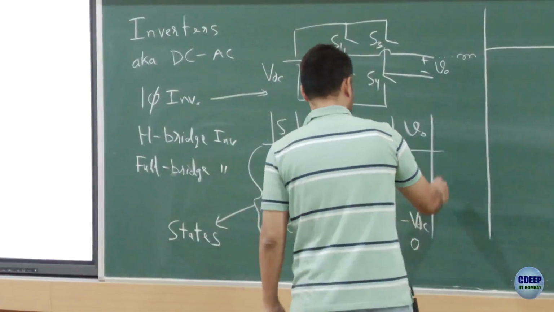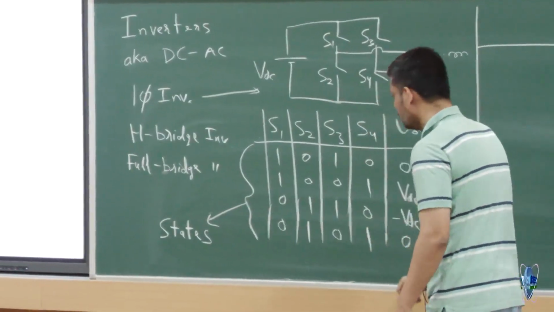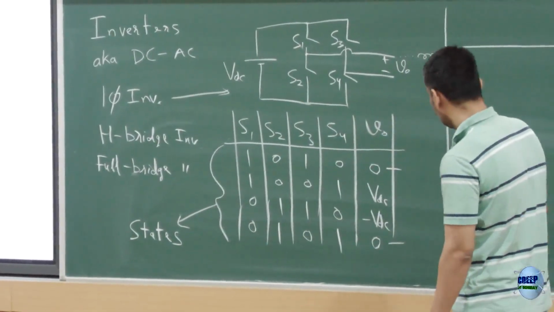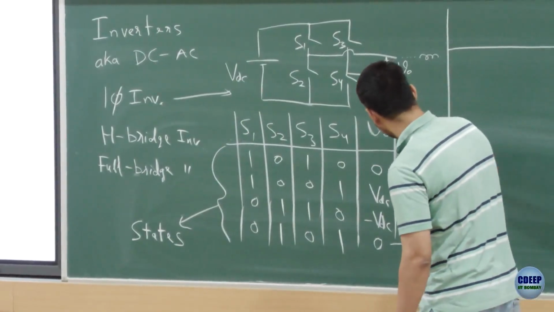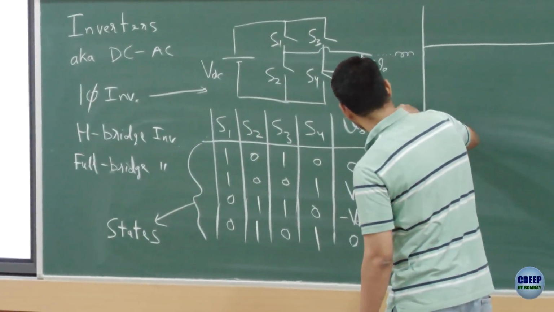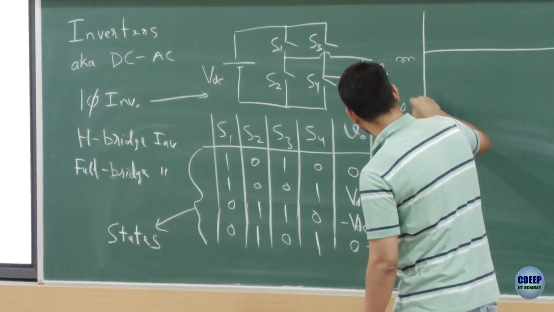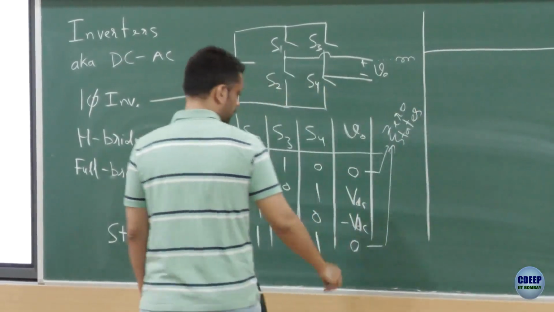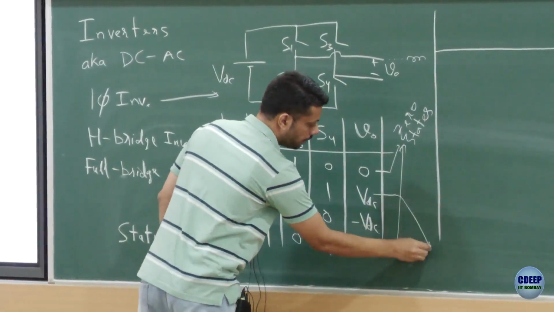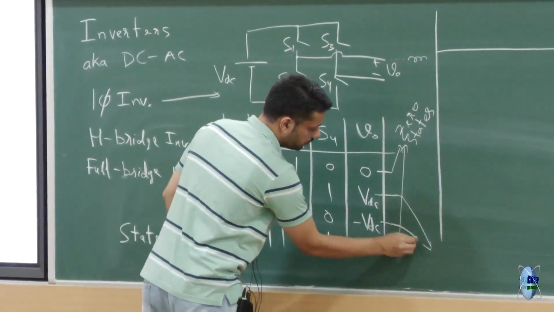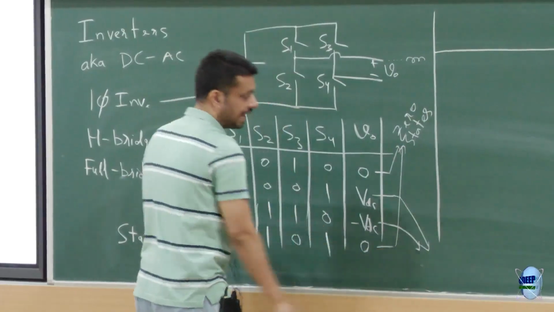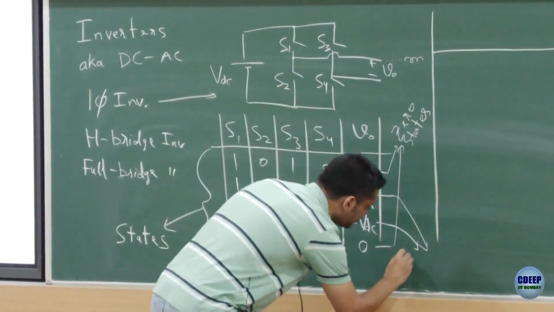So these two things, we call them zero states, right? So these two things we call zero states, and these two we call active states.